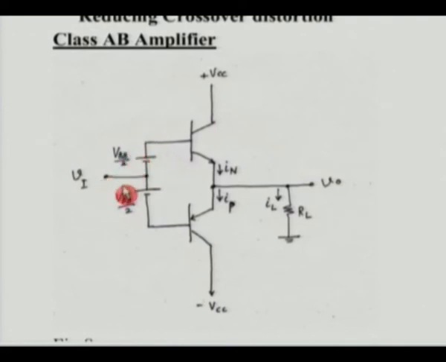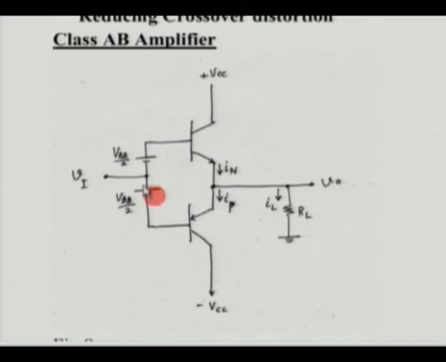Now when you apply a signal here, the output is going to be Vi plus this bias that we have adjusted. We would get rid of this distortion, so the dead zone would disappear.